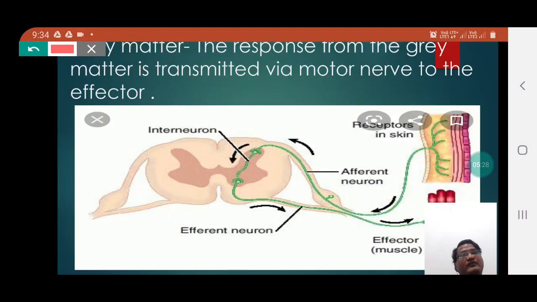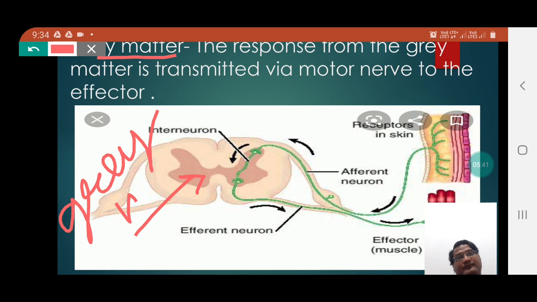So students, if you concentrate, you can notice that in this diagram, this internal region of the spinal cord is called the grey matter.